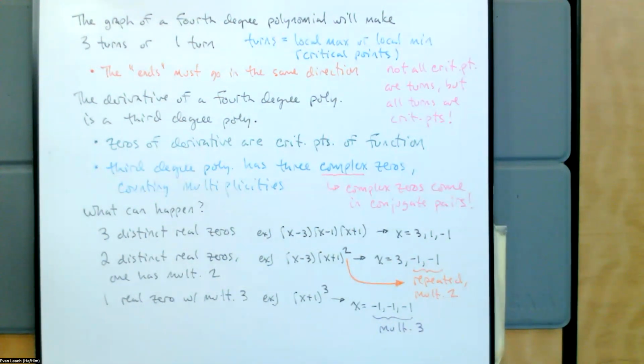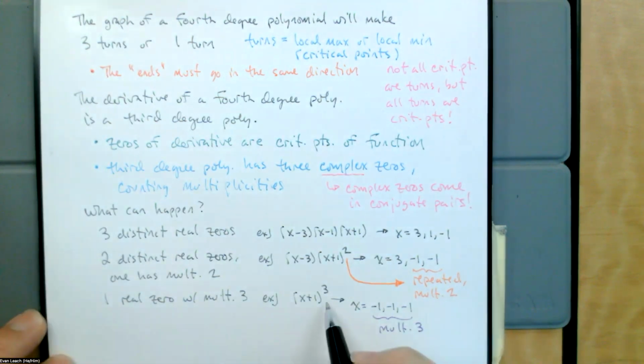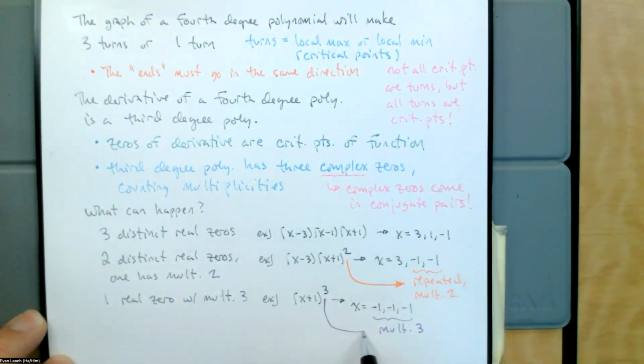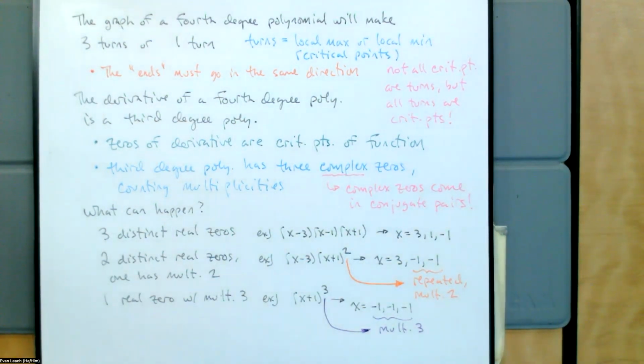A 0 with multiplicity 3, the factor where we get the 0 with multiplicity 3 will be cubed. These are all the possibilities where we just have real zeros. Everything, all the zeros are real zeros.